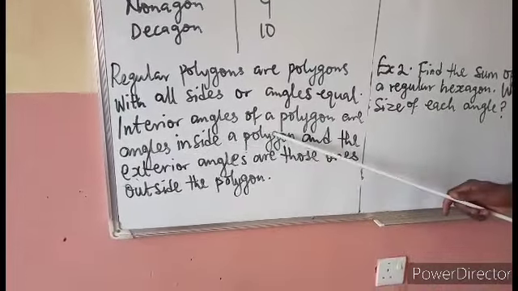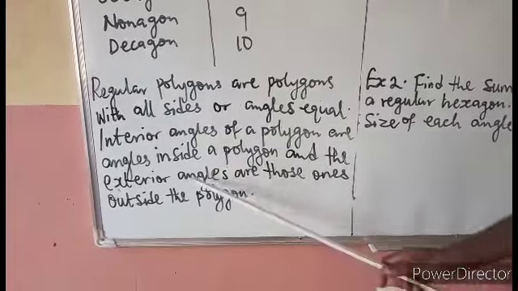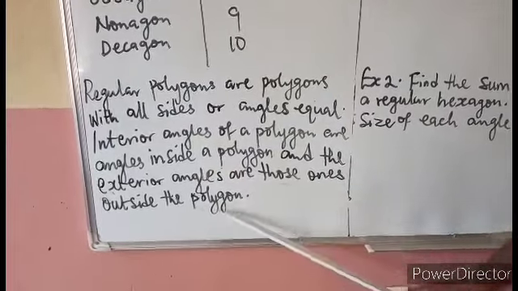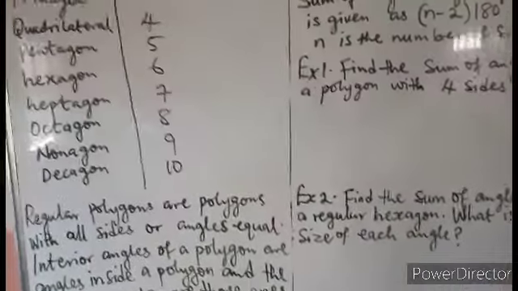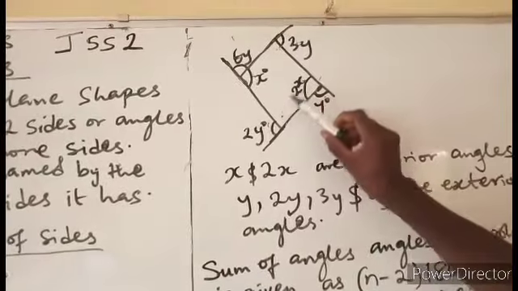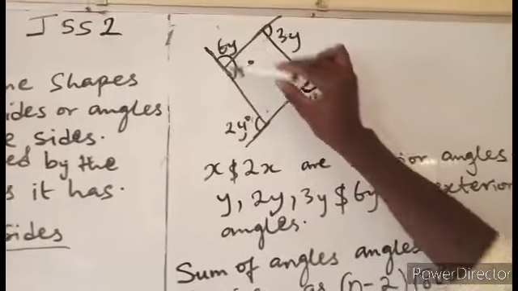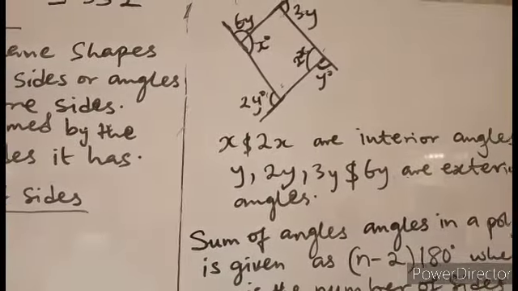Now, interior angles of a polygon are angles inside the polygon, and the exterior angles are those ones outside the polygon. So we'll be looking at interior and exterior angles of a polygon. If you look at this polygon, these angles that are inside are called the interior angles, and these ones that are outside are called the exterior angles.